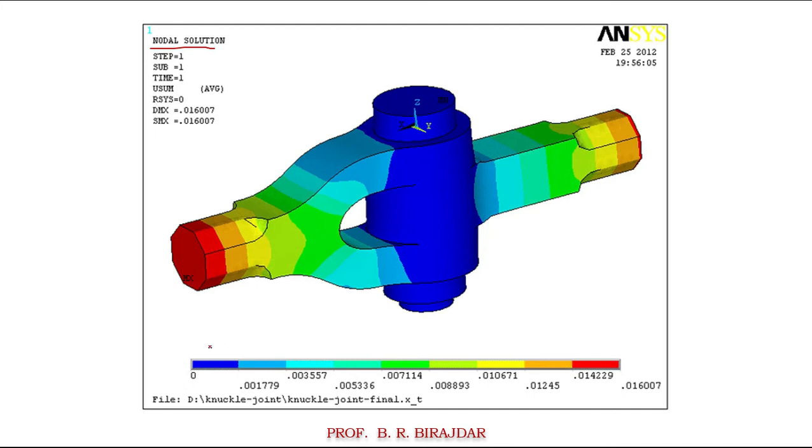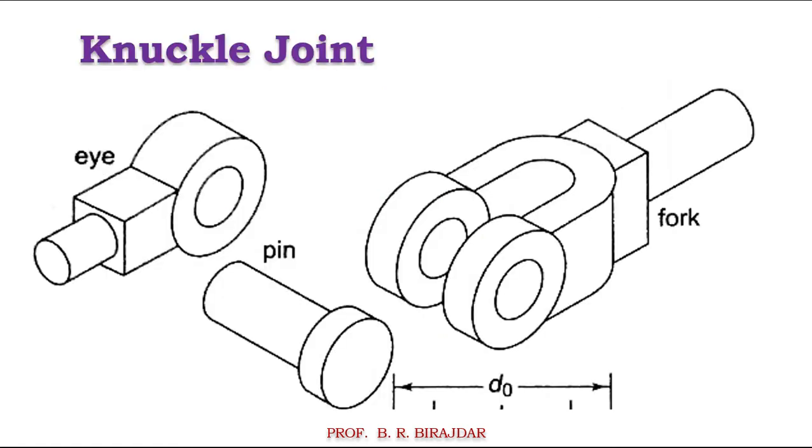The green color shows the lesser value, and as you move toward the red side, the value goes on increasing. So here is the larger value and here is the lesser value of the nodal solution. We can find different stresses and other parameters with the help of the software. This is just for understanding purposes.